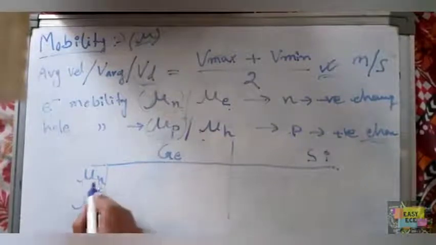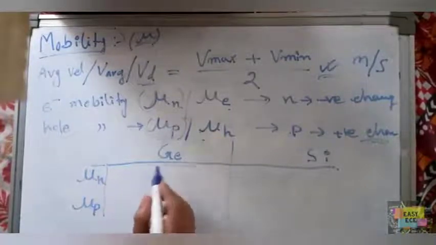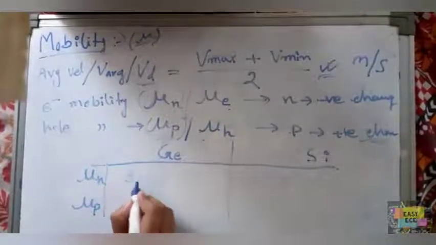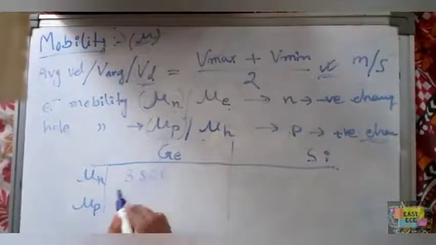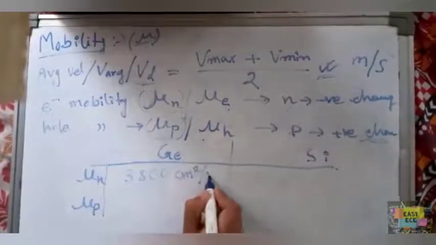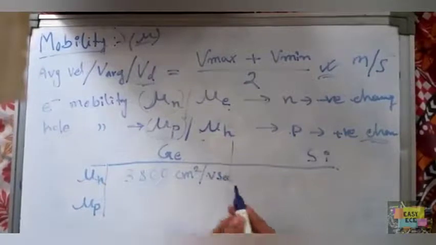For germanium, the electron mobility is 3800 centimeter square per volt second.